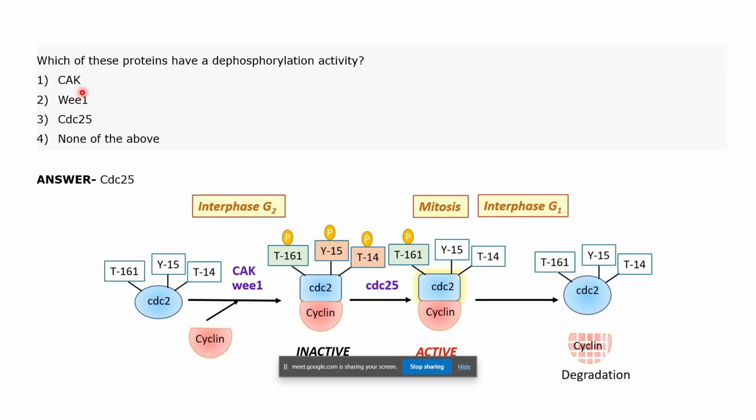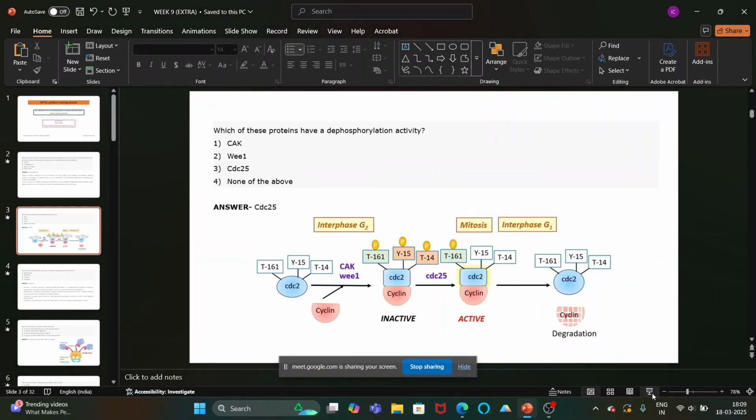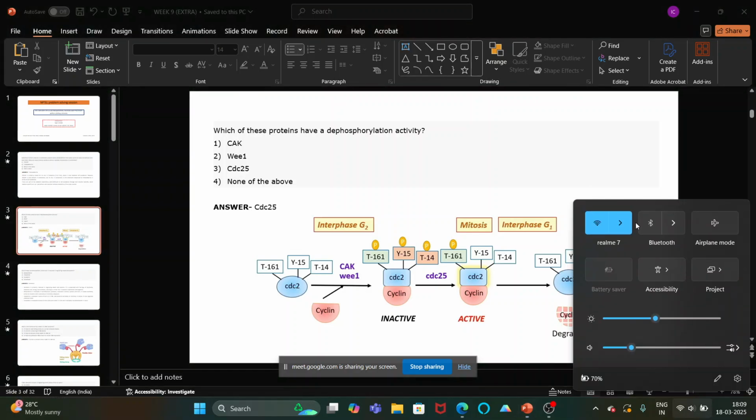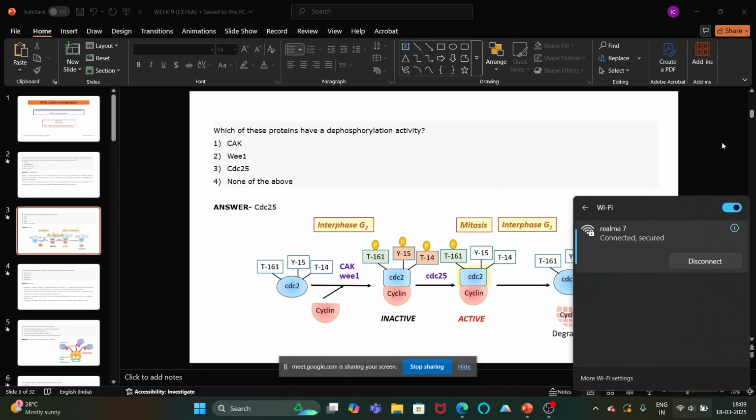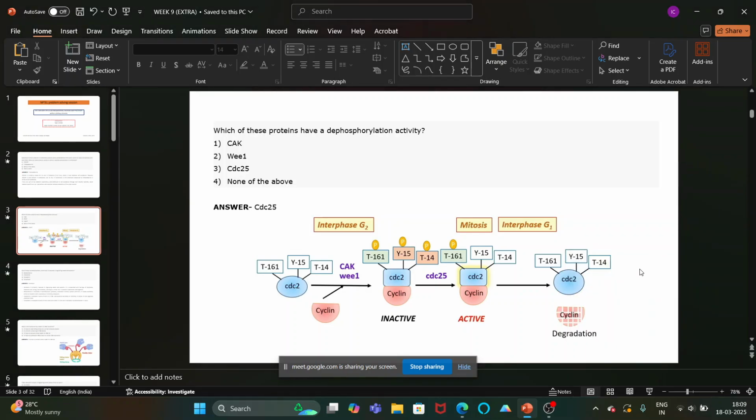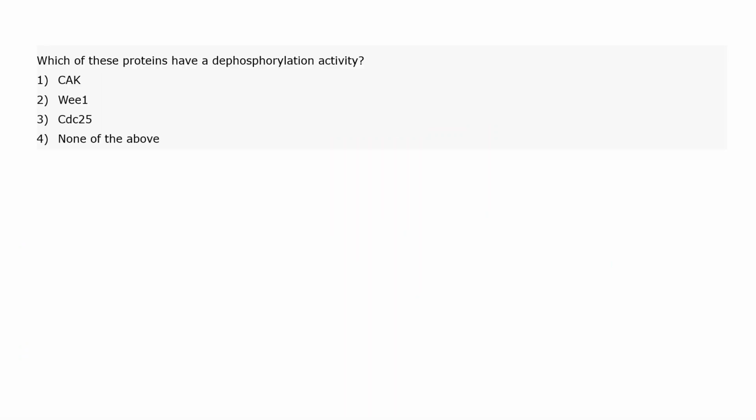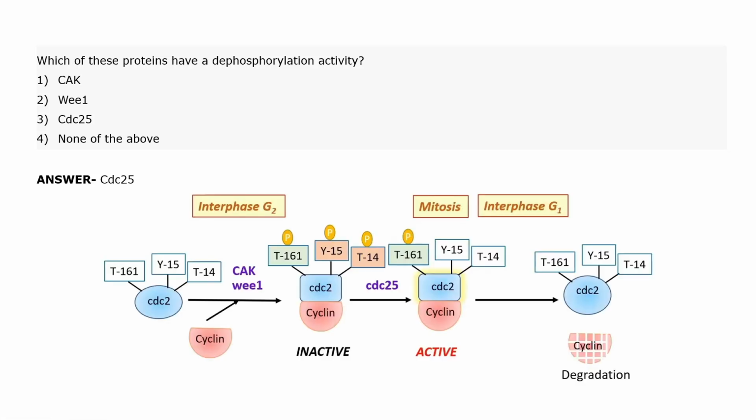So does anyone have any doubt? Anyone has any doubt regarding this? These all sections we have discussed from I think week 2 or week 3, right? So I think this is an important section, so you should go through it.